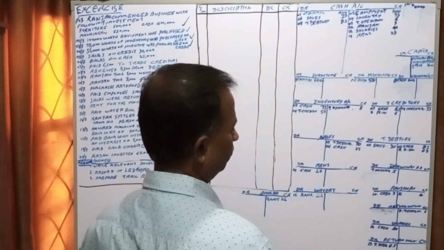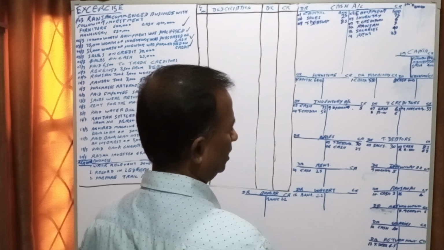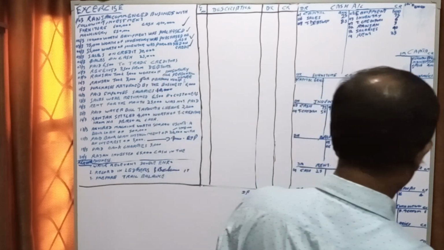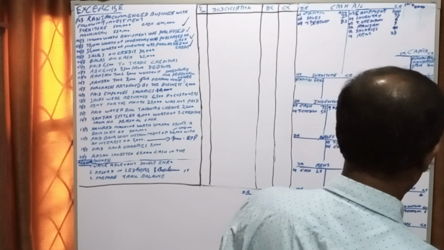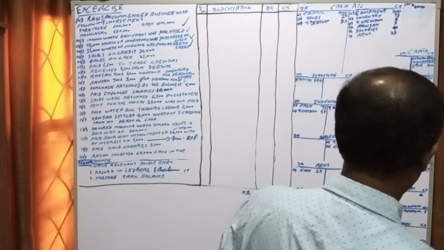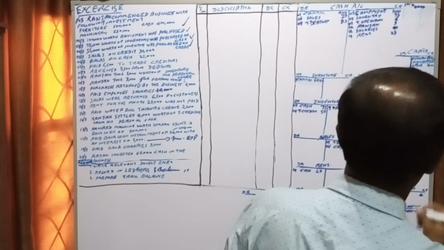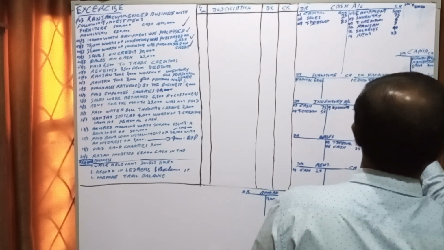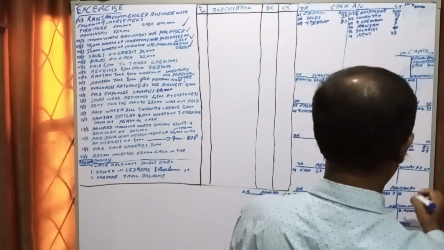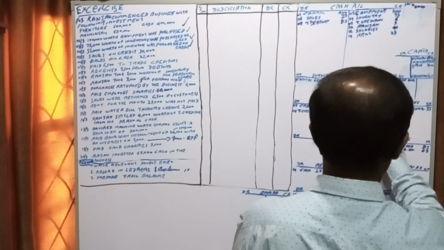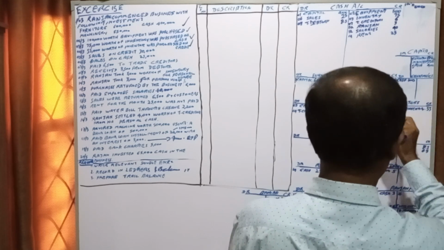We have to pay him 4,000, and trade creditors are reduced by 4,000 on 16th. We'll say Ranjan.